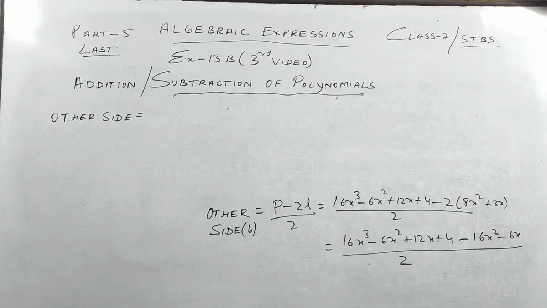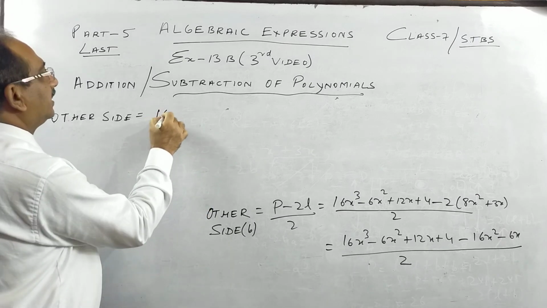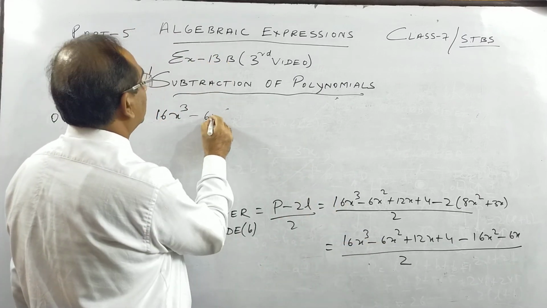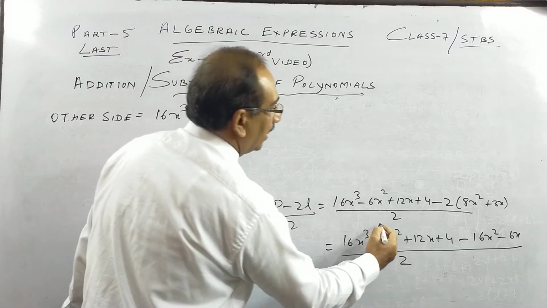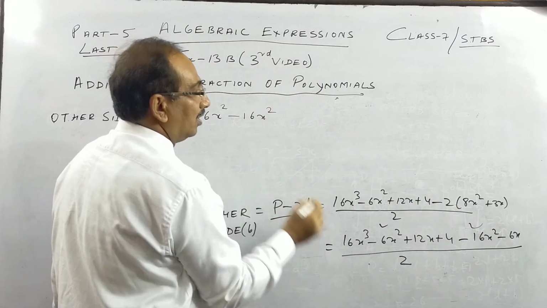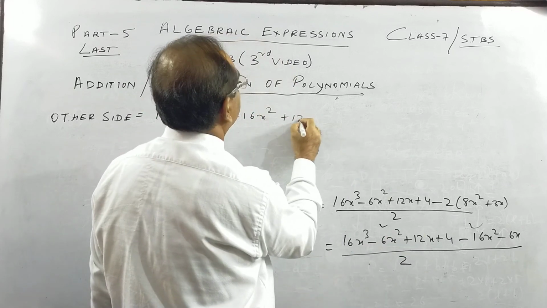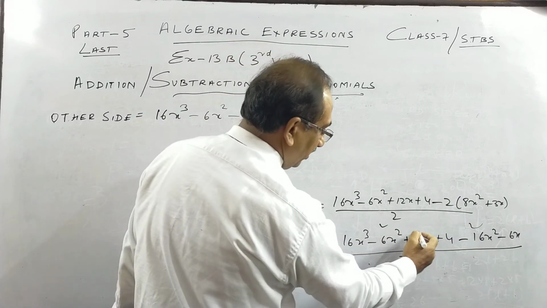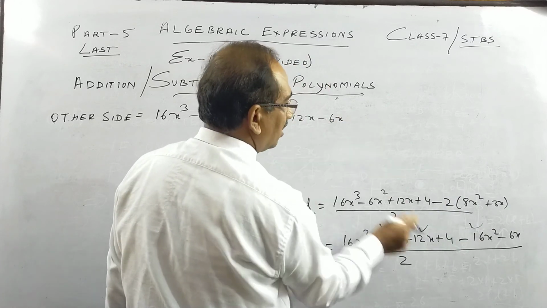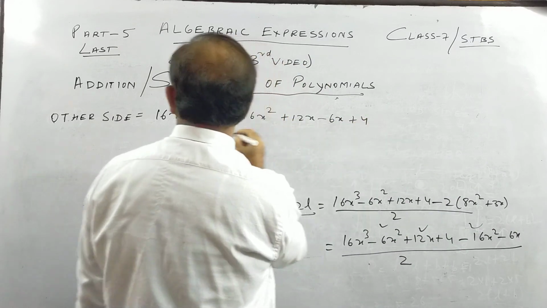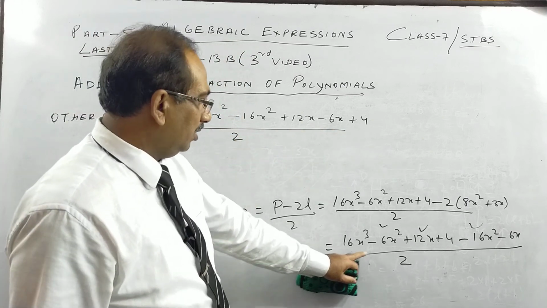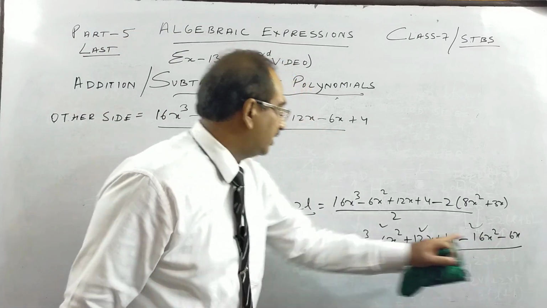So see, children, there is one 16x cube, so minus 6x square, and there is minus 16x square, then we have plus 12x, then we have minus 6x plus 4, divided by 2. So see here, there is one cube term, 1 2 3 4 5 6, always count the total.